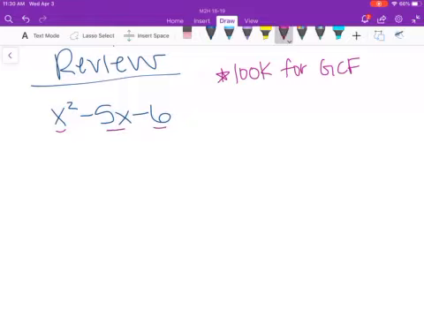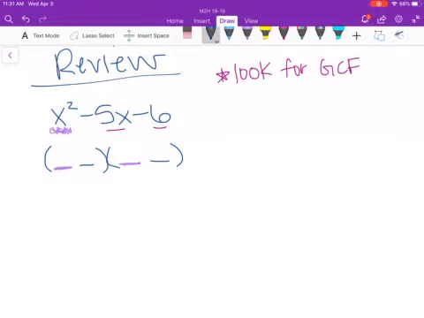If you look at x squared minus 5x minus 6, there is no GCF besides 1, so that's not really helpful. So we can move on to try to factor this. When you do, you're going to have two sets of parentheses with two blanks in each. The number in the first blank comes from the first number of our quadratic.